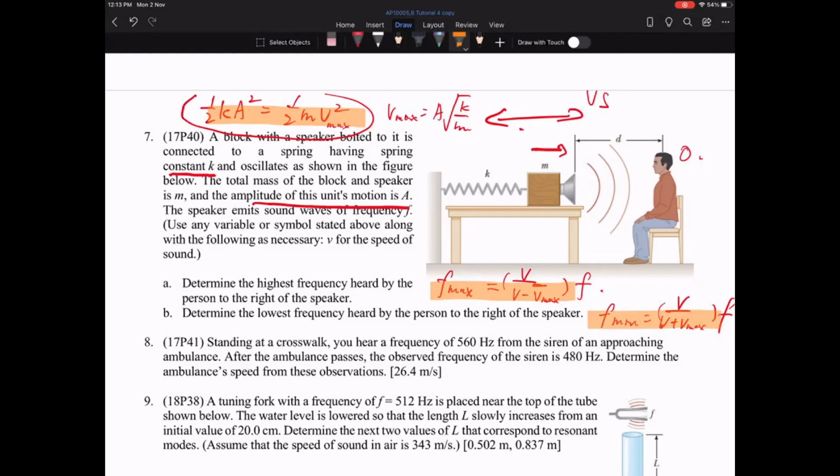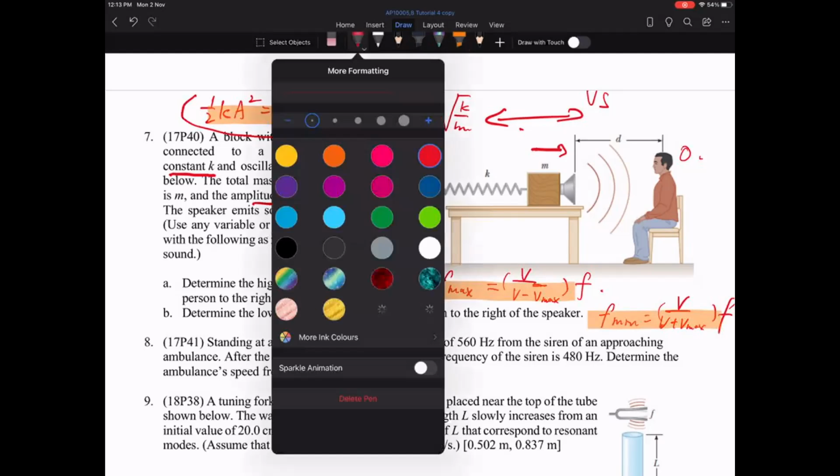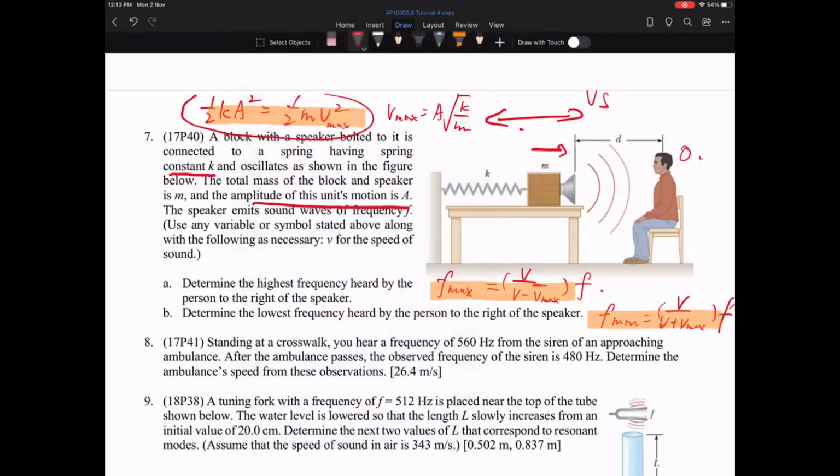Why could we use the same maximum speed? Think about it. When the loudspeaker is oscillating, what is the speed? What is the velocity? At the maximum displacement, A, the loudspeaker should be stationary.